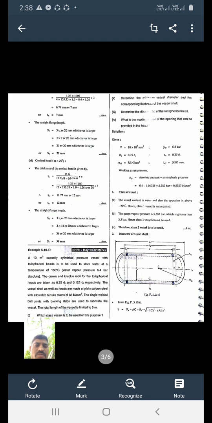AC is equal to the root of BC square minus AB square, so B is equal to RC minus the square root of (RC minus RIC) whole square minus (di by 2 minus C) square.